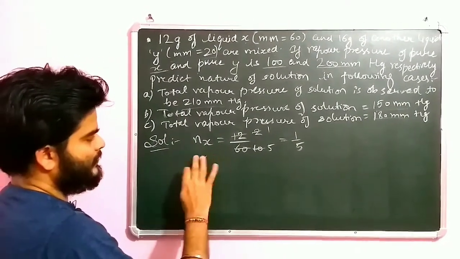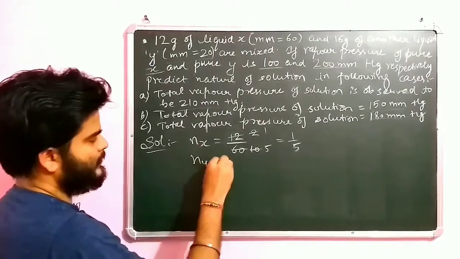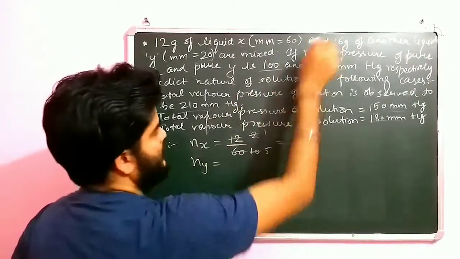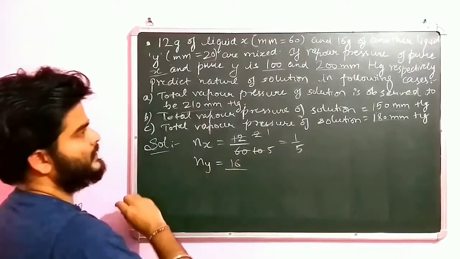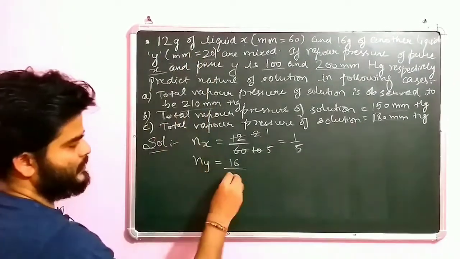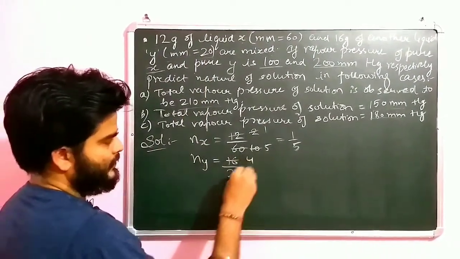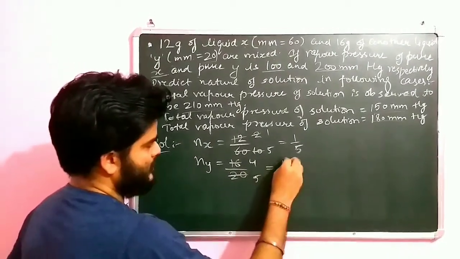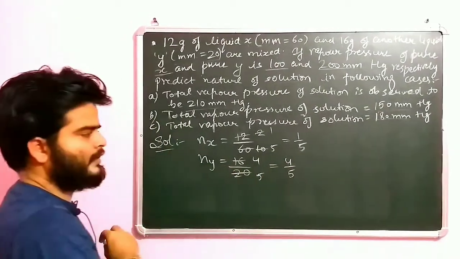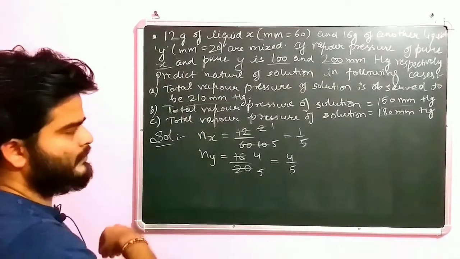Similarly, we will find out the number of moles of Y. This is given mass 16, its molecular mass is 20, divide with 4, so this is 4 by 5. These are the number of moles.